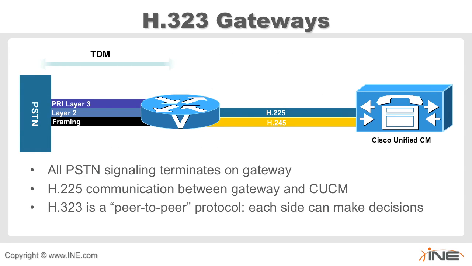So taking a look at H.323 gateways, if we have a PSTN on the left, and let's just say, for instance, we've got a PRI, we've got our layer 1 framing and line coding, we've got our layer 2 Q.921, and our layer 3 Q.931. All of that occurs directly between the PSTN and the H.323 VoIP gateway, but it's terminated there. CUCM knows nothing about that.